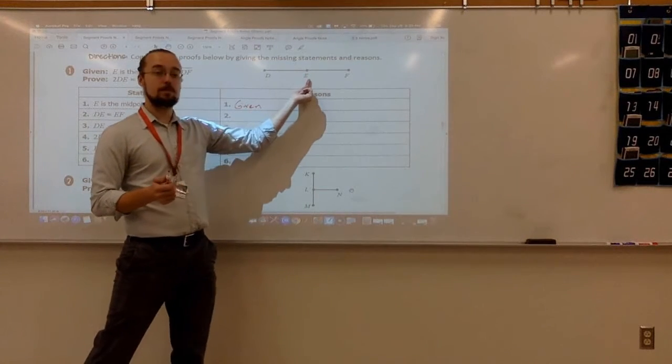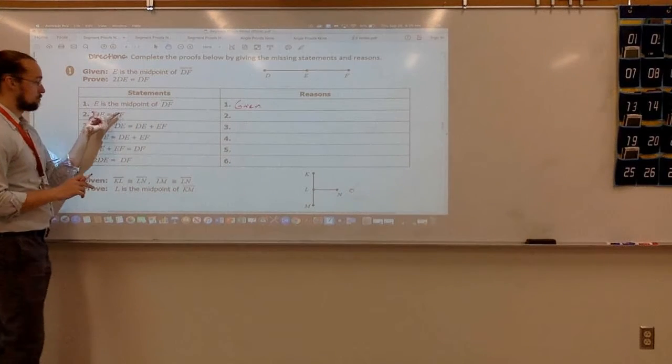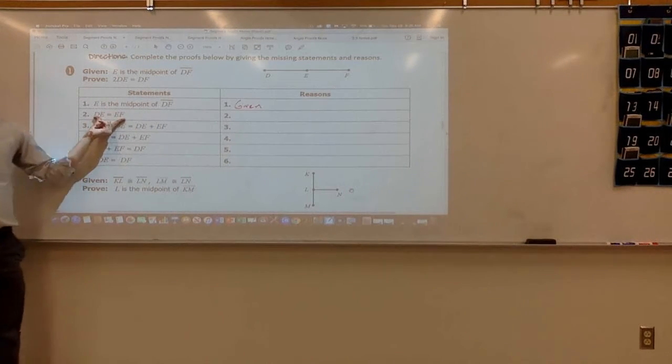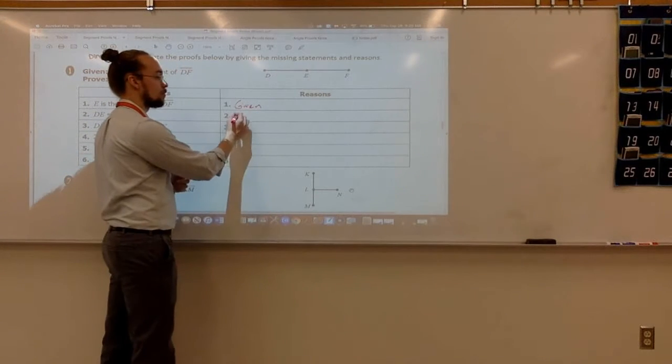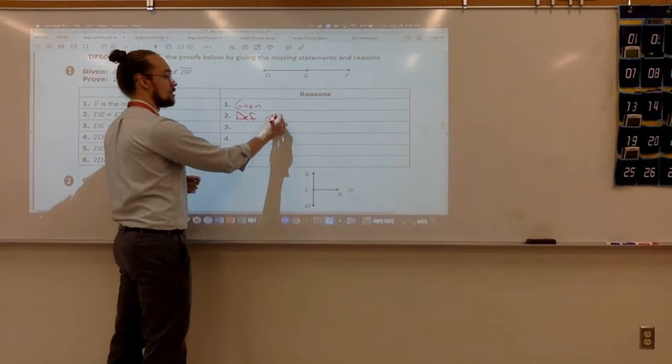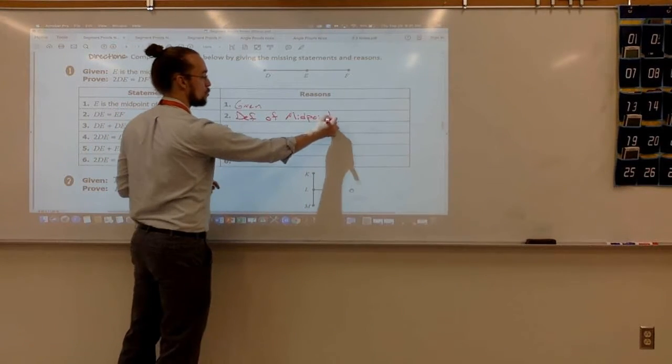If I know E is the midpoint, our definition of midpoint tells us that it splits the segment into two equal pieces. So we can just say definition of midpoint is our reason.